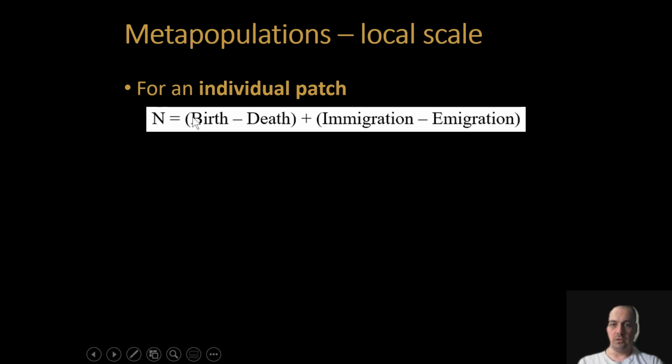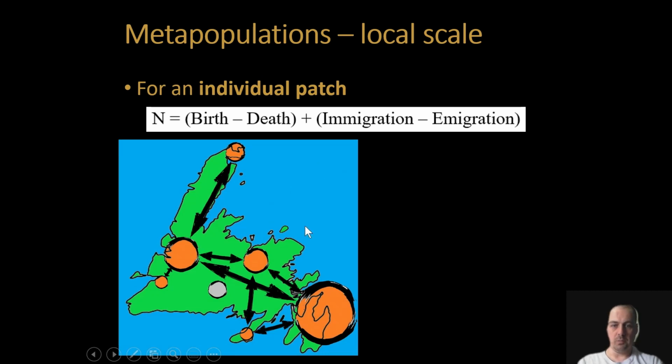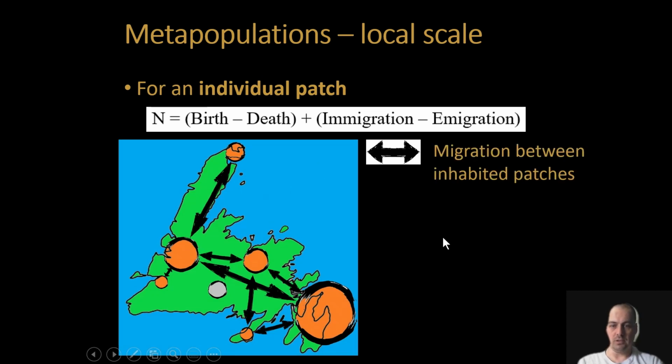So the size of your population in a specific patch is equal to the birth, death, immigration and emigration of individuals. If we look at this diagram, now we can add arrows, and these arrows represent possible migration between inhabited patches. So individuals in these inhabited patches can move between each of the patches.